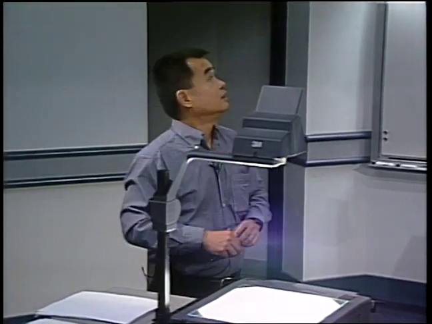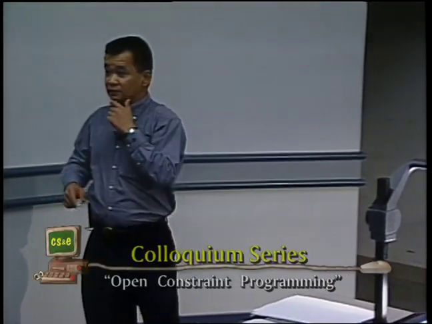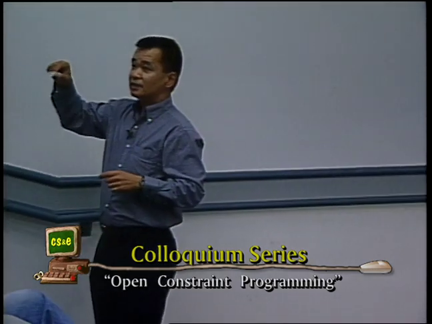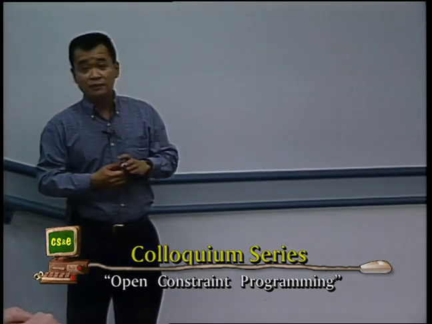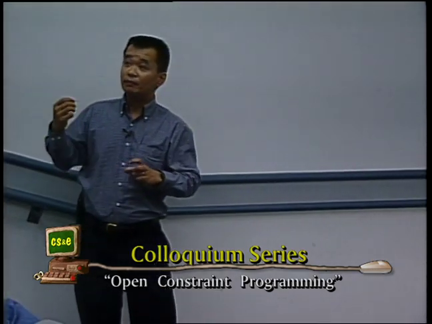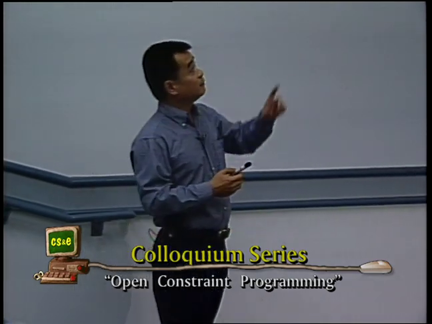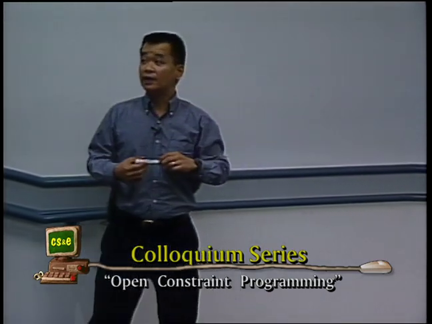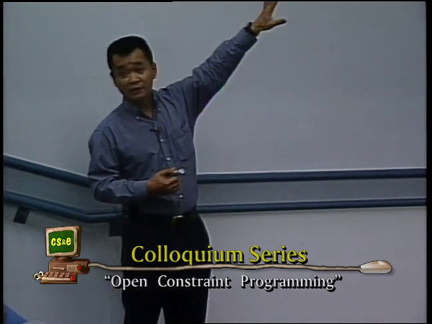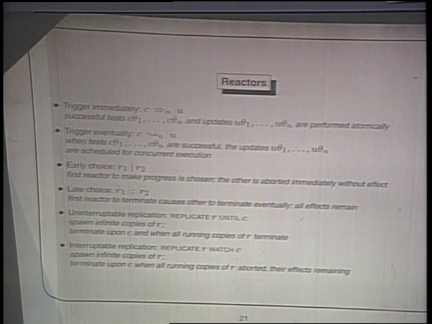Okay. So for the very first one, you notice that the only new thing is this little subscript n on the arrow here, and here we would like to be able to specify how many answers you're interested in, and then perform the appropriate concurrent execution of the updates. Everything here happens atomically. That's for the very first one. For the second one, there's basically non-atomic updates when C becomes true. Now notice the next two constructs, early choice and late choice.